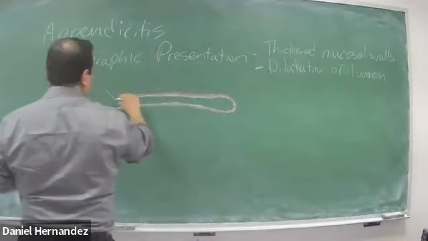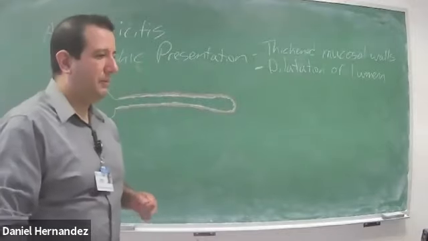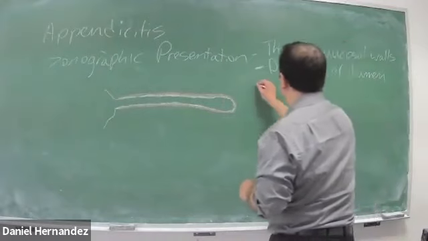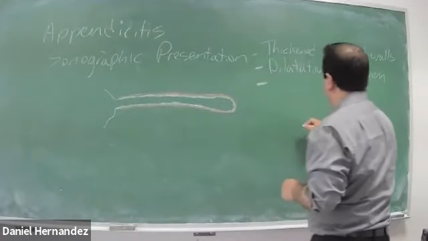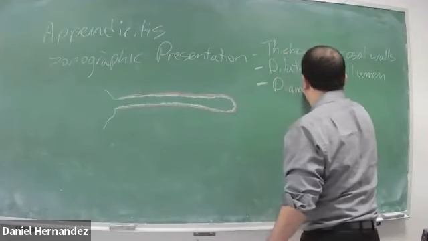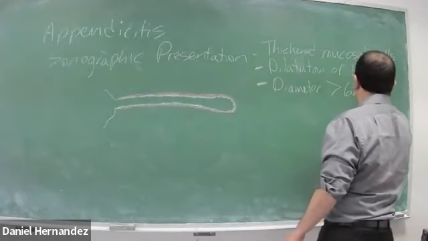This inner chamber, the lumen, is going to become dilated. We have dilatation of the lumen, so the diameter is greater than 6 millimeters.